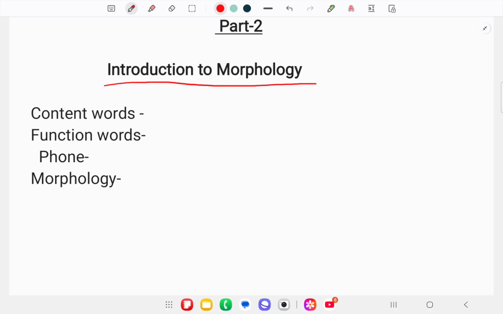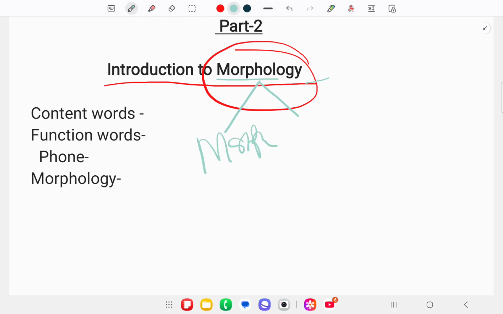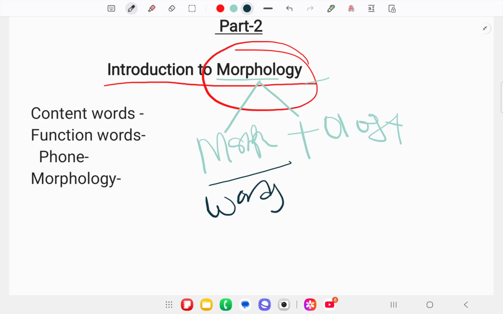Okay, so when we talk about morphology, we all know that morphology deals with the study of the internal structure of words. As per the name, morph plus ology, we can find here that morph in the sense of words and ology in the sense of study.